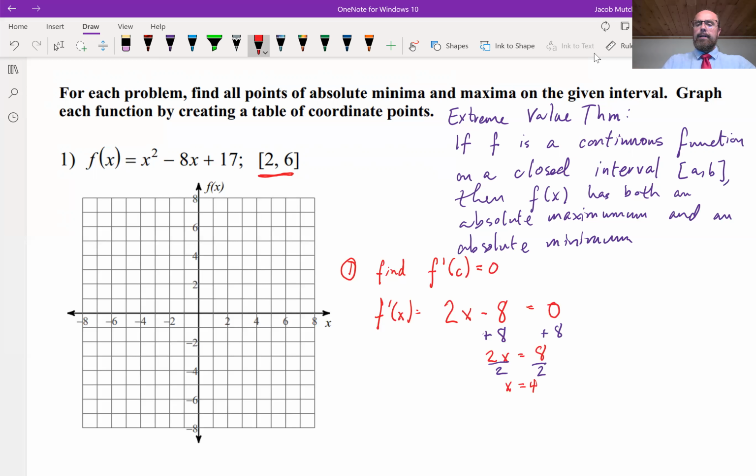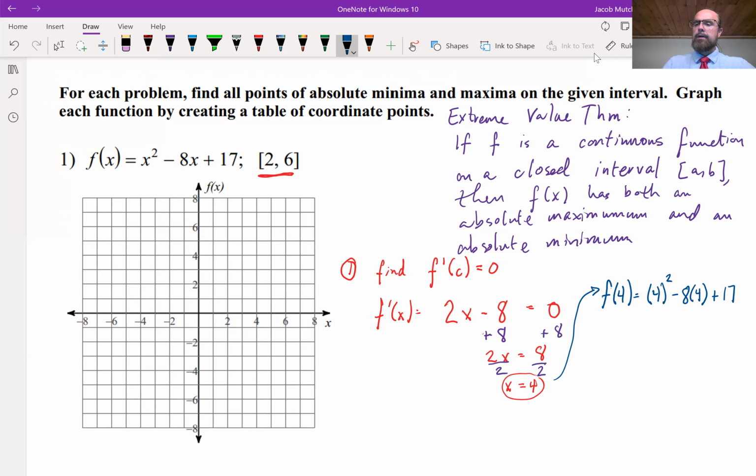So I'm going to go ahead and calculate the y value just by plugging that 4 back into the function. So once I find this, I want to locate the exact coordinate. So I'm going to take this and calculate f at 4. So that's going to be 4 squared. Again, this is the original function, minus 8 times 4 plus 17.